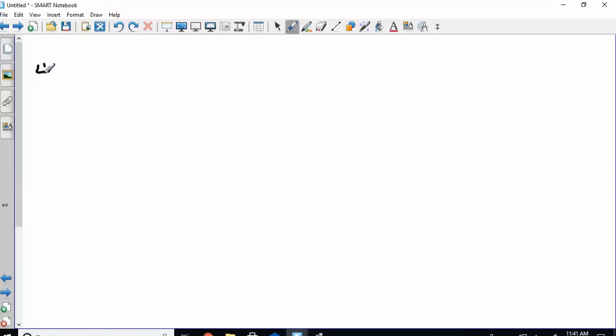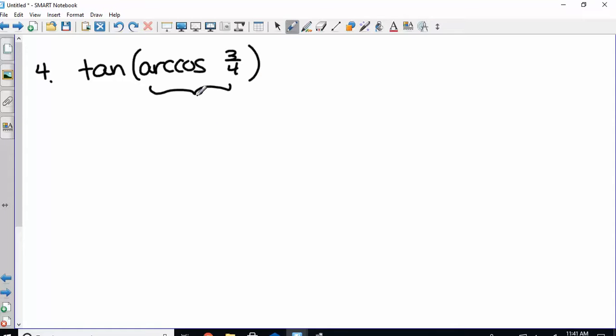So problem 4. All right. When you have a function and an inverse, you could put it in your calculator, but it's going to give you a decimal answer, and I told you I wanted exact answers. The answer to an inverse is always an angle. It's saying cosine of some angle is 3/4.